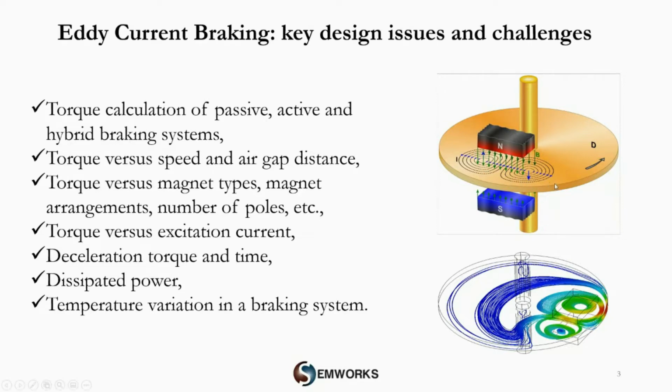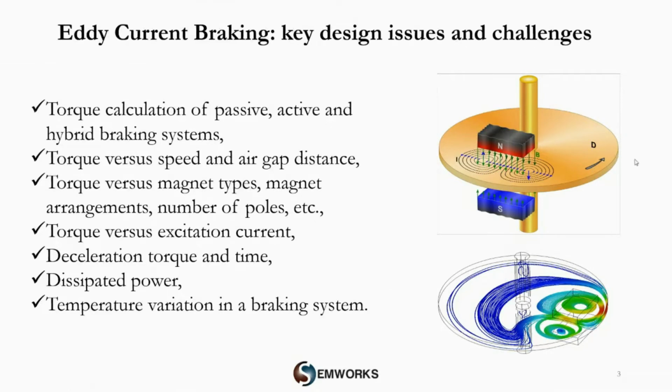So as the disk rotates inside the magnetic field, there is eddy current produced in the disk, and of course it's a conductor, whether it could be aluminum, copper, or steel.